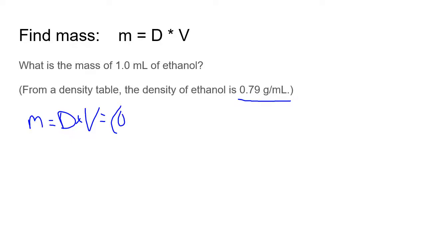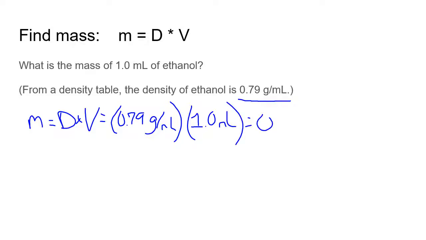Our density is 0.79 grams per milliliter, and our volume is 1.0 milliliters. And so we get 0.79 grams would be the mass of 1 milliliter of ethanol.